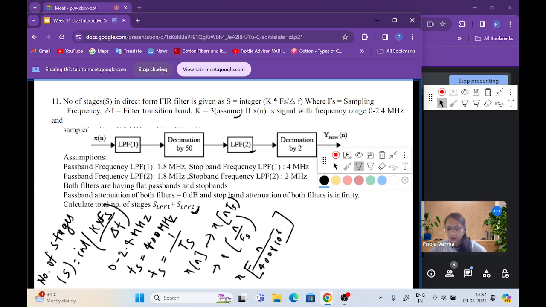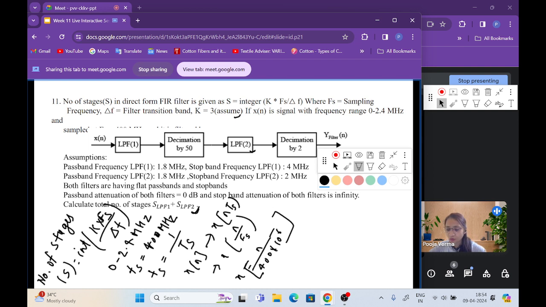Okay, so this is a signal which is going to low pass filter 1. Now for low pass filter 1 we need to find out the parameters, or the number of stages.